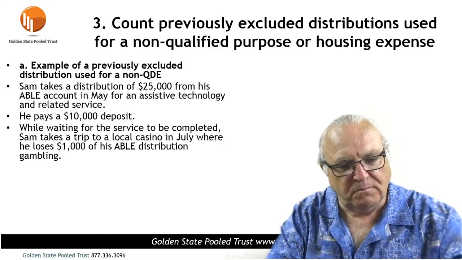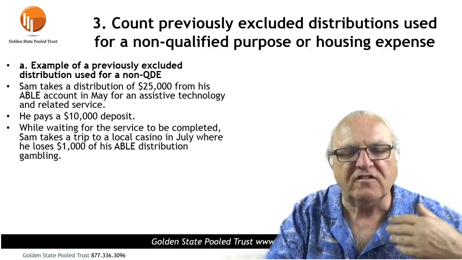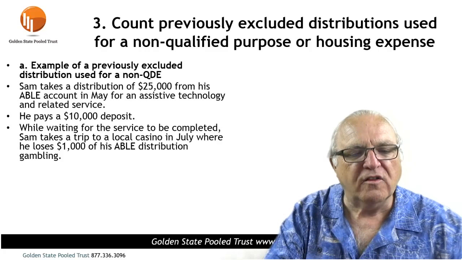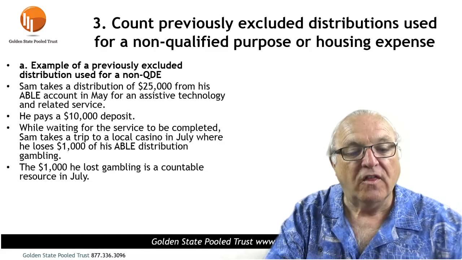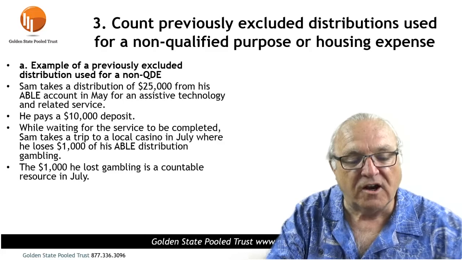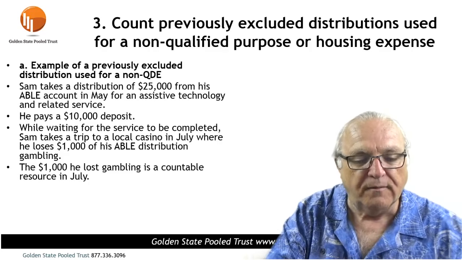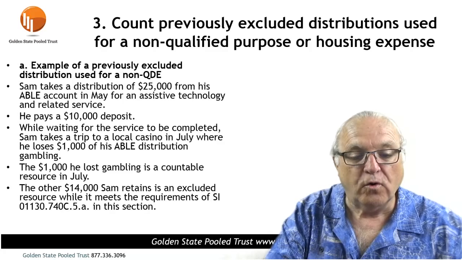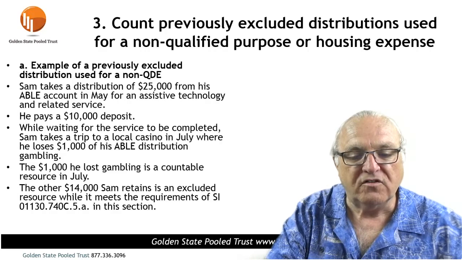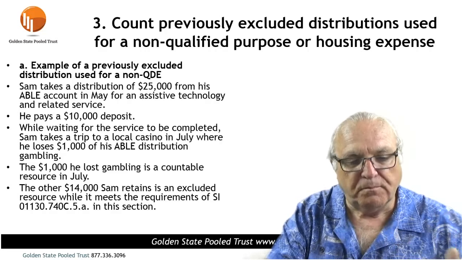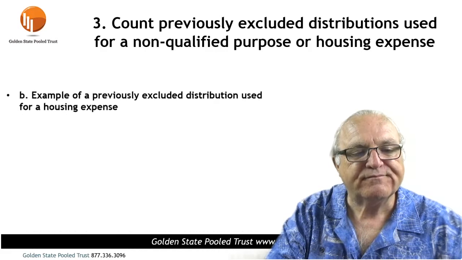Notice money came out in May and he went to the casino in July, where he loses $1,000 of his ABLE distributions gambling. The $1,000 he lost is a countable resource in July. Otherwise, the $14,000 Sam retains is an excluded resource while it meets the requirements of the POMS in this section.